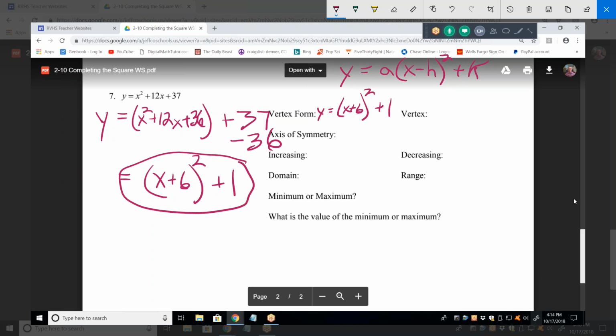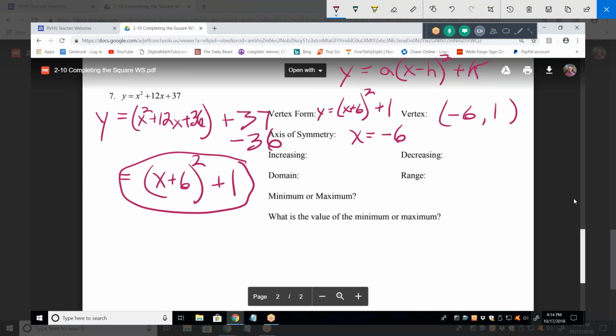Tell me what the vertex is. The vertex is 6, 1. No? Wait, no. Negative 6, 1, right? Good. Axis of symmetry. 6, negative 6. It's always a line. It's the equation of a line.